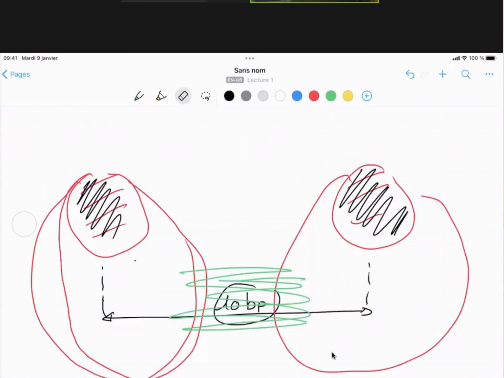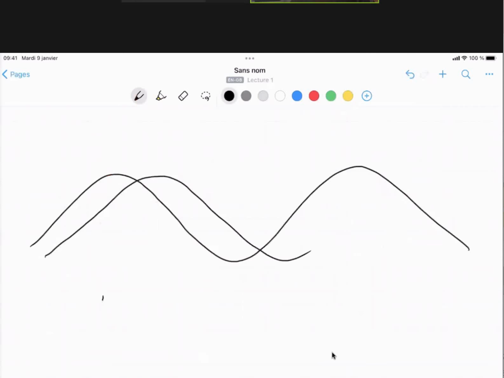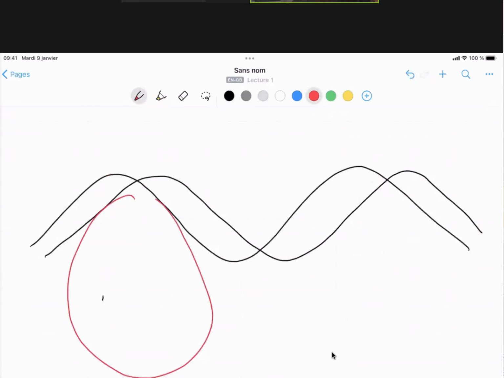If the two sites of protein are separated by 5 base pair, it means one protein is here in the major groove.